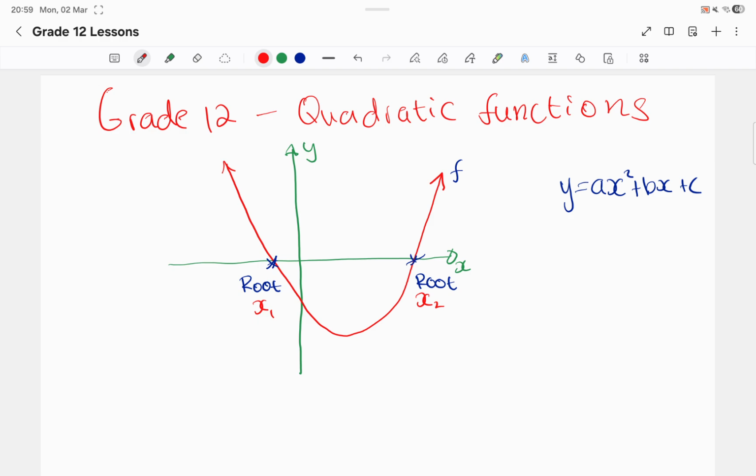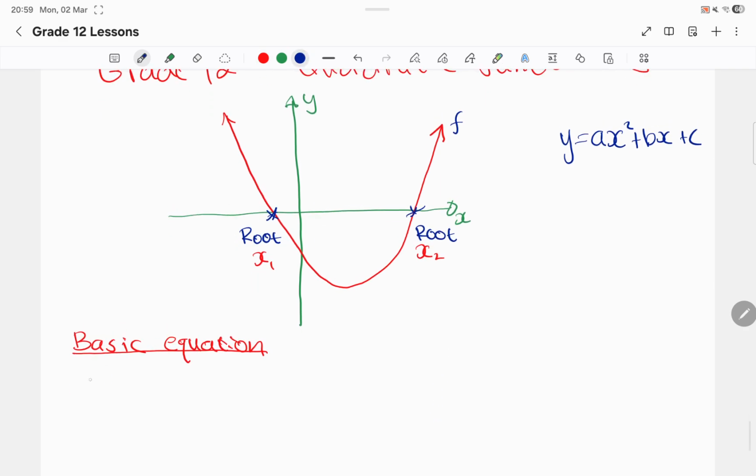The basic way to come up with an equation of a quadratic function is what you will do if you are given roots. This is how the basic equation starts. The basic equation is generally given by y equals a into (x minus x1) multiplied by (x minus x2), where x1 and x2 are your roots.